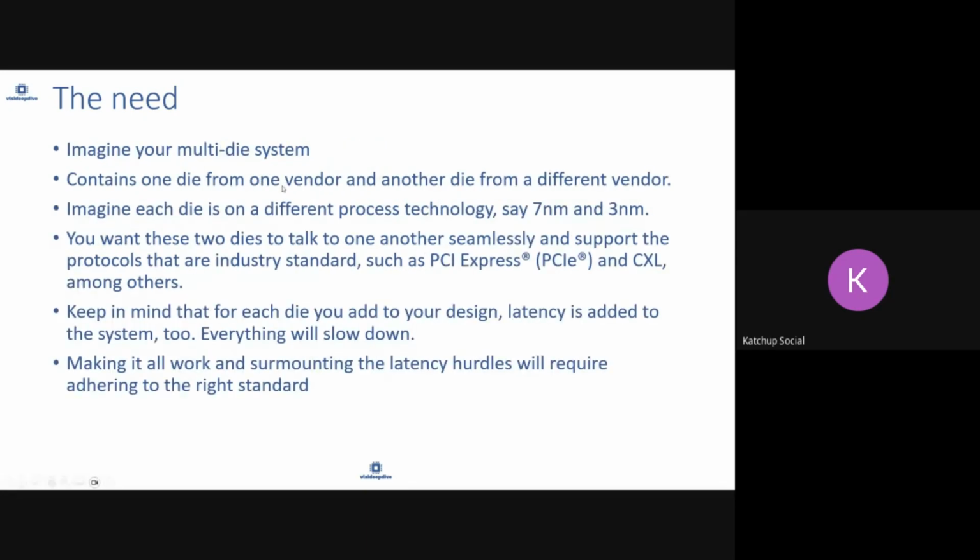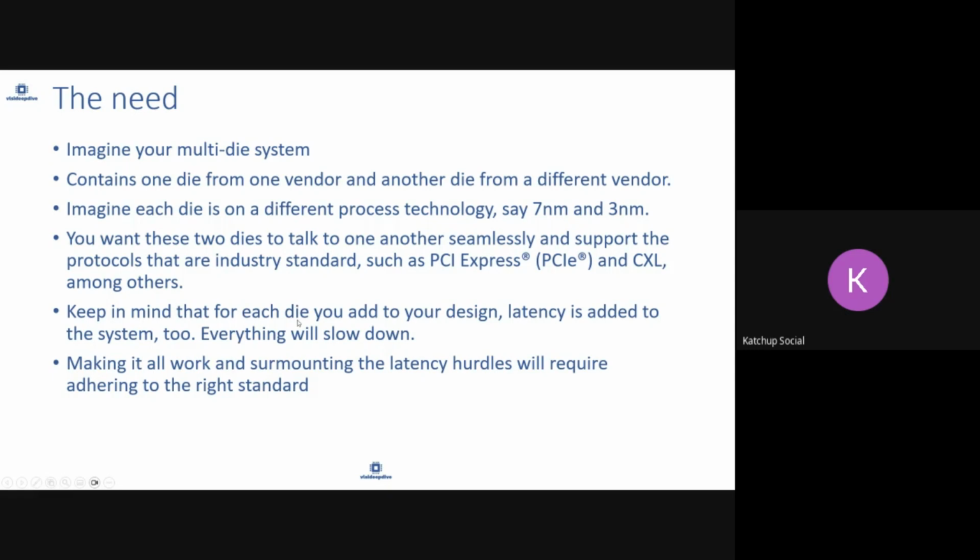Imagine your multi-die system contains one die from one vendor and another die from another vendor. Let's say each of these dies is on a different process technology, say 7 nanometer and 3 nanometer. You want these dies to interact with one another and seamlessly support, for example, industry standard protocols like PCI Express, PCIe, or CXL, among many others.